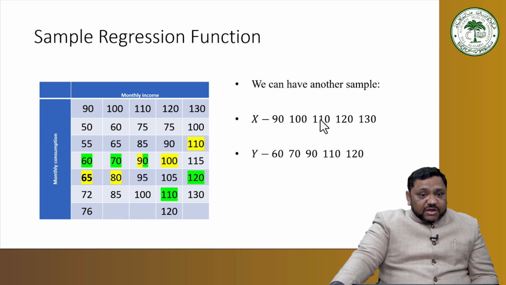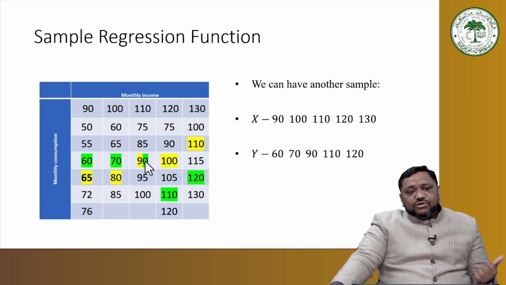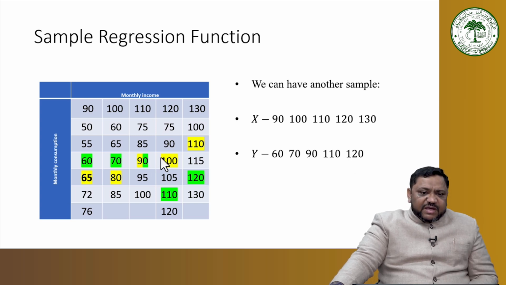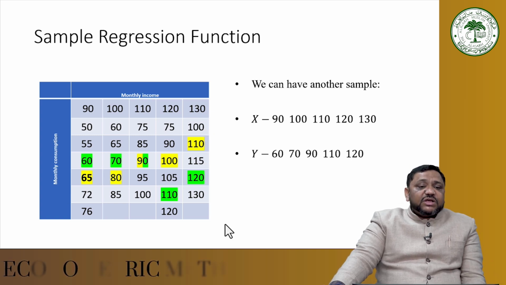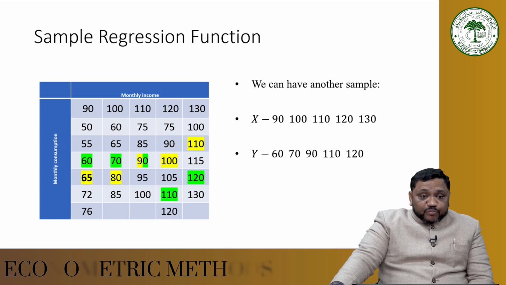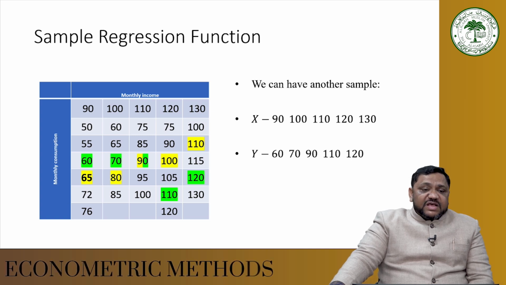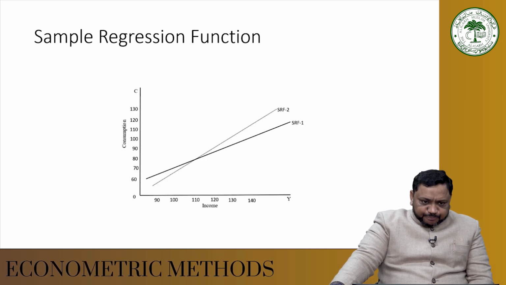For monthly income 110 it is 90. 90 was there earlier also in the earlier selected sample, and here also it is there. For monthly income 120, the consumption expenditure is 110, and for monthly income 130, the consumption expenditure is 120. So now we have two samples selected.